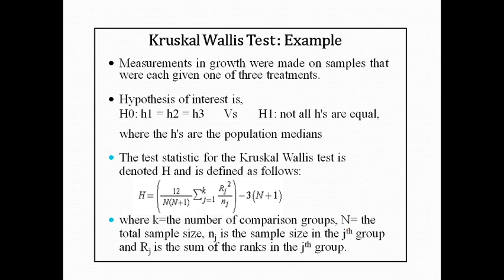Capital N is the total sample size, and nj is the sample size in the jth group, where j runs from 1 to k. Here 3 treatments mean 3 groups: treatment 1, treatment 2, treatment 3. So nj is n1, n2, n3, and rj is the sum of the ranks in the jth group. These are the basic notations we will use in this test.